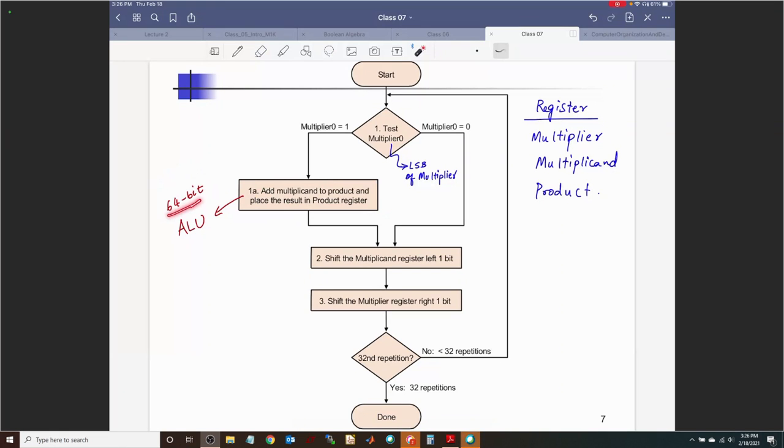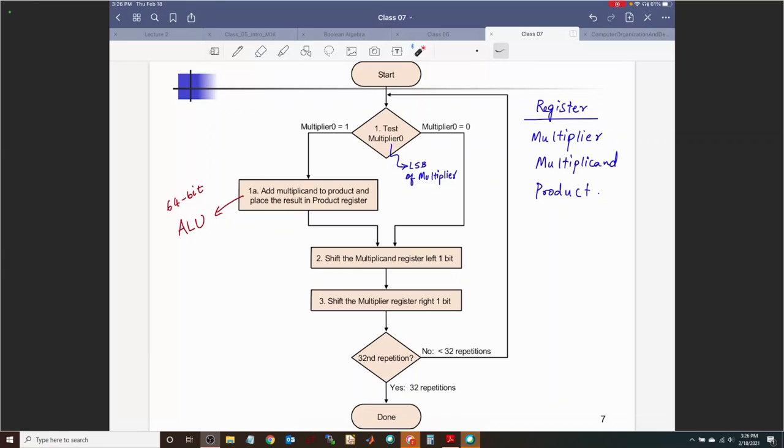I need a 64-bit register over here because one of the things that I need to add is a product register, and my product register is going to be 64-bit because my result can be 64-bit. So I need an ALU that can add a 64-bit number to another 64-bit number. Okay, so I need a 64-bit ALU for that.